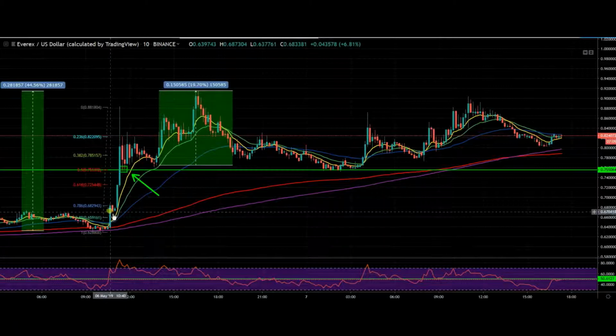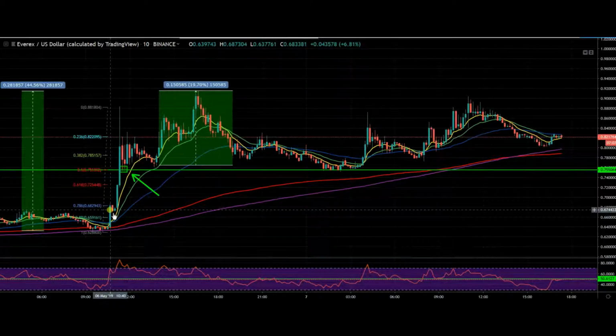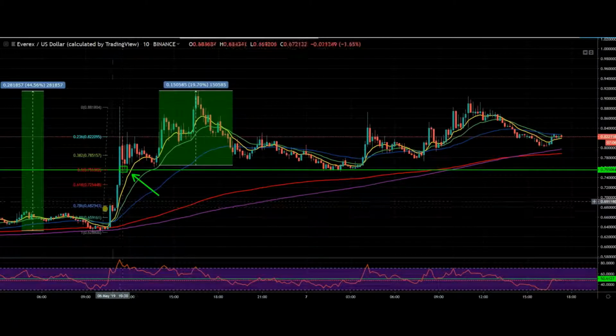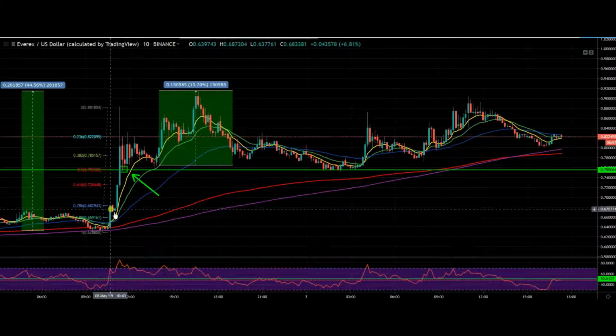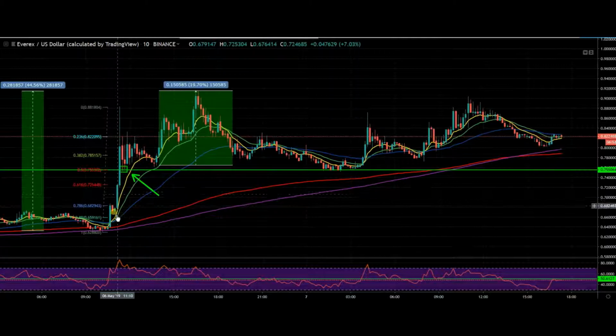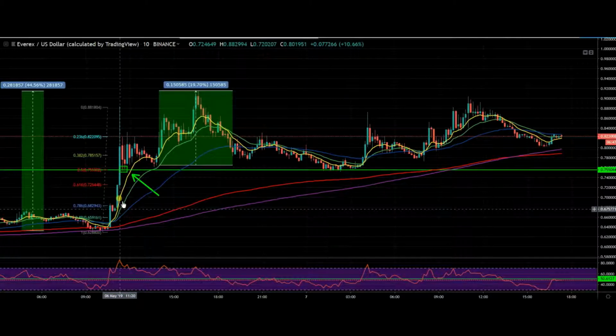You can see here the RSI broke above 50 on this bar. In price action terms, this is called a 4-bar setup. You can get 3 and 4-bar setups, and this is price action trading. You can see 1, 2, 3, and the fourth bar was a breakout. The fourth bar came right back into the moving average, the 9 yellow EMA, and price went higher.